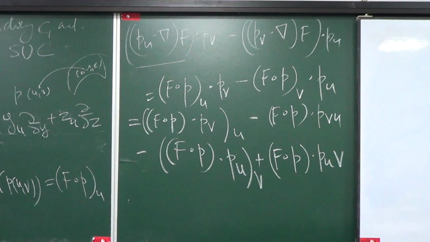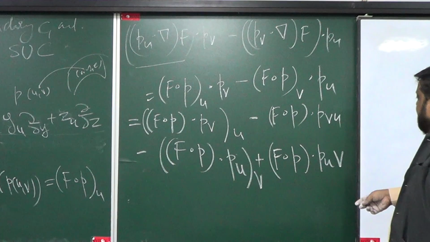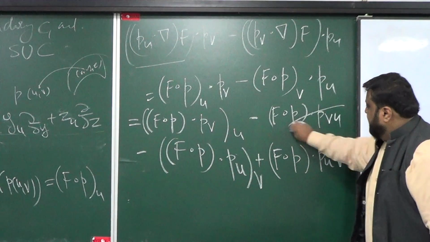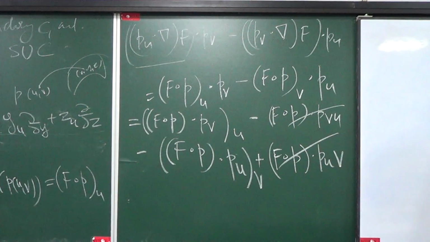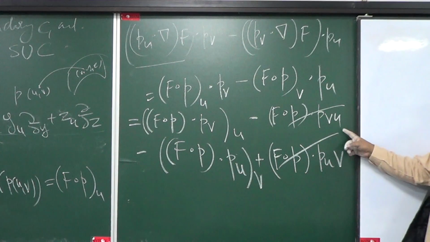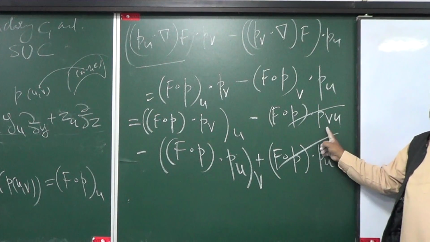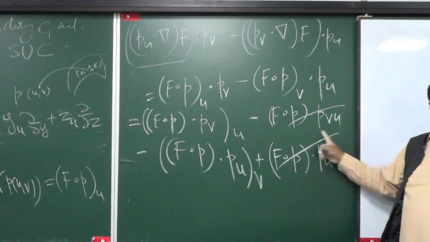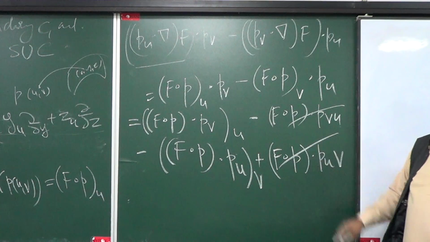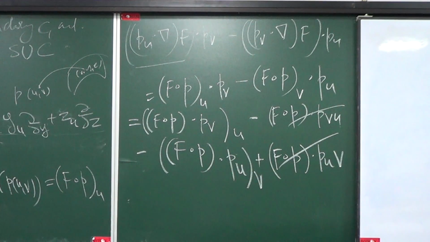Now these two terms will go away. Why will they go away? Because P is smooth. If you have a smooth map, then the order of derivatives doesn't matter. They are always equal. So you come up with these two terms.